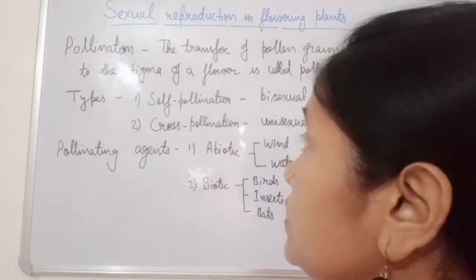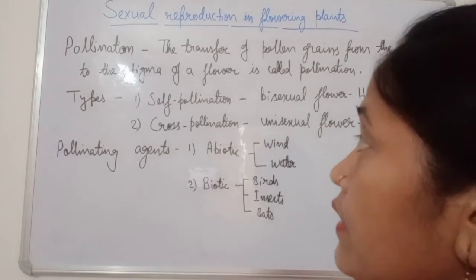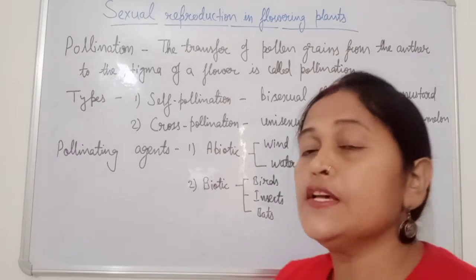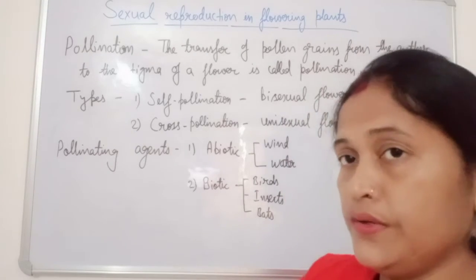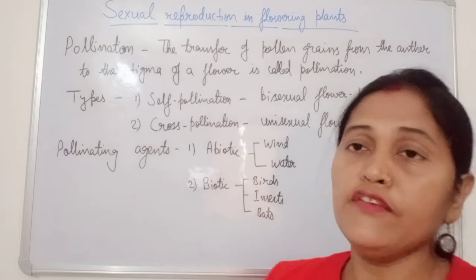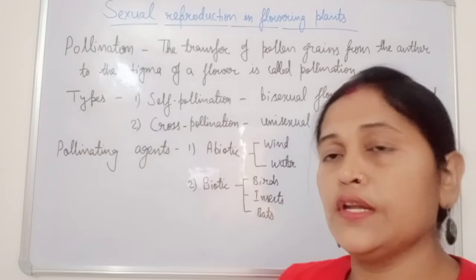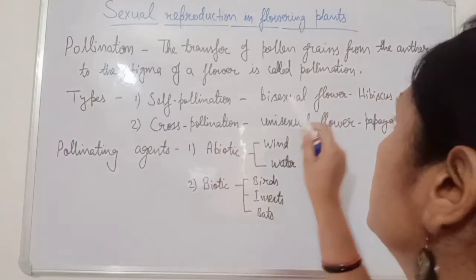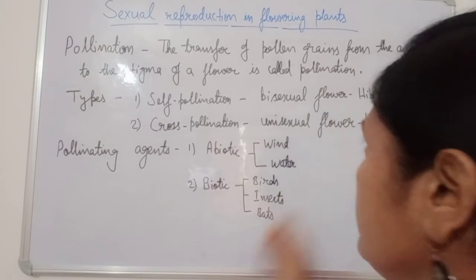There are two types of pollination: self pollination and cross pollination. Self, as its name denotes, means if pollination occurs in the same flower, it is known as self pollination. Which type of flower possesses self pollination? The example is the bisexual flower.